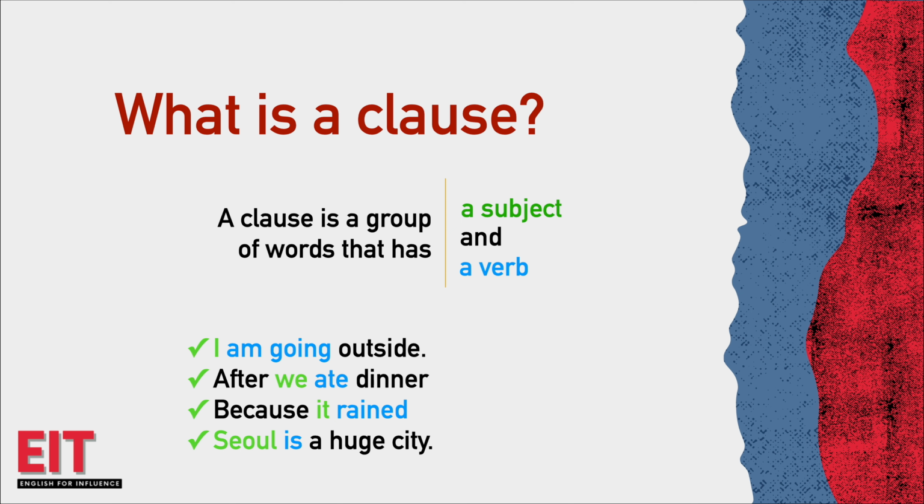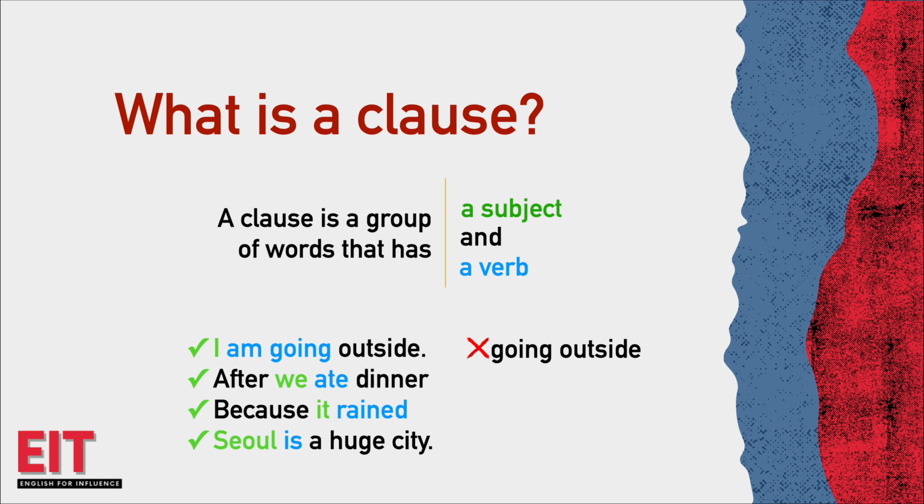Now, for the sake of comparison, I want you to look at these other groups of words. Going outside. So this is not a clause because, first of all, you don't have a subject, right? And you also don't have a verb. Going is not a verb here because you don't have a be verb.